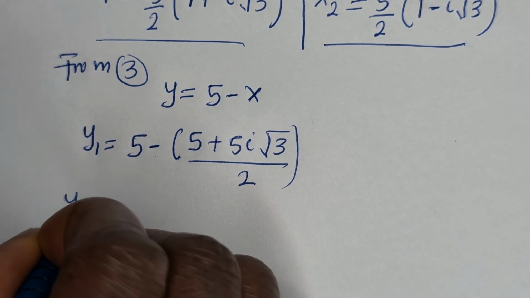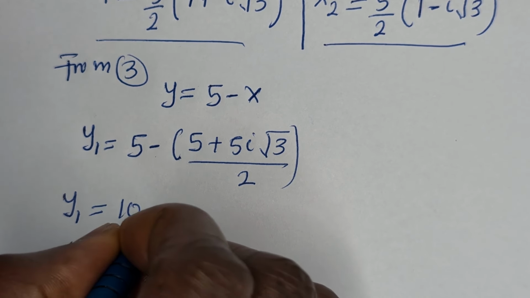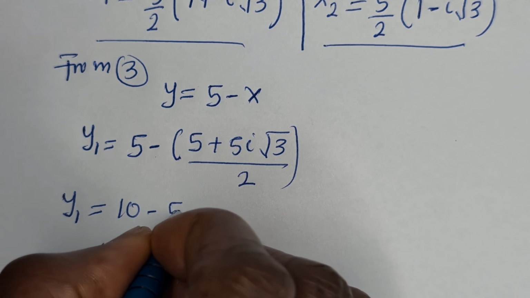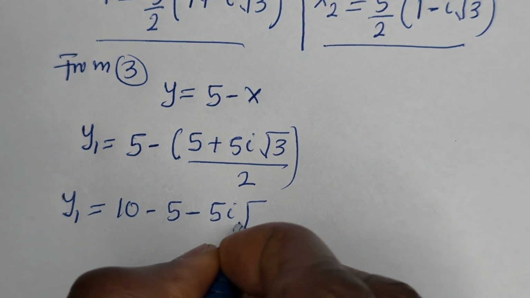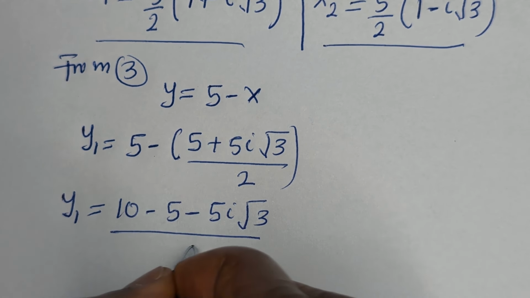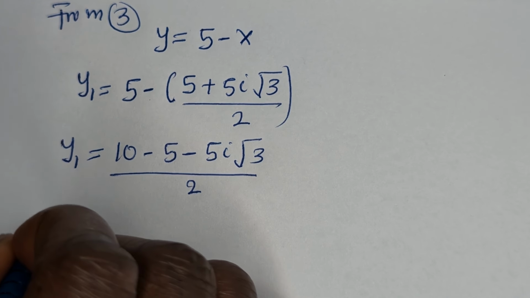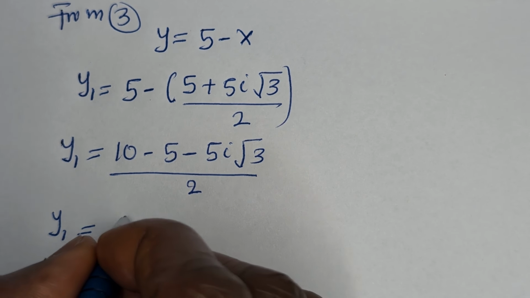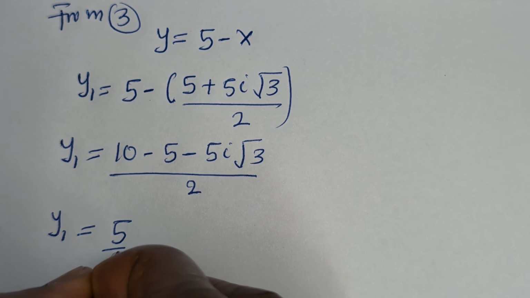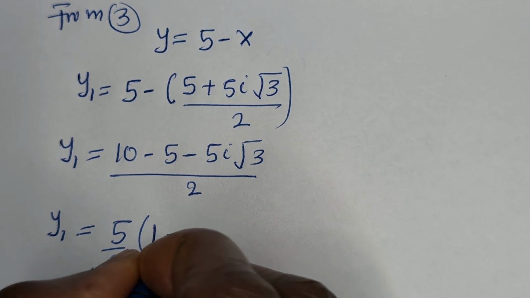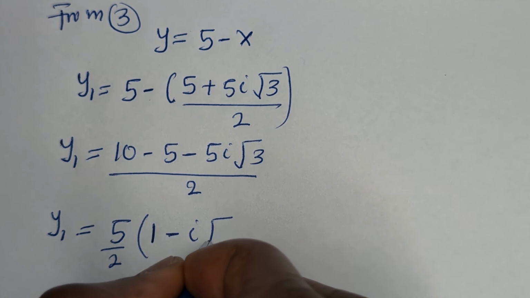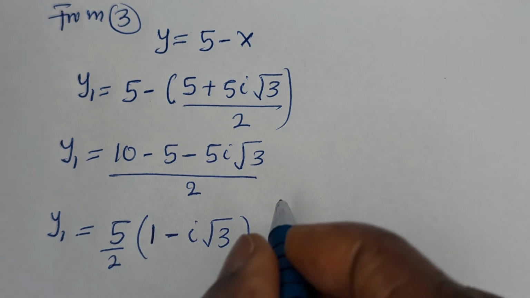Then y1 is equal to 10 minus 5 minus 5i root 3 over 2. y1 is equal to 5 over 2 bracket 1 minus i root 3.